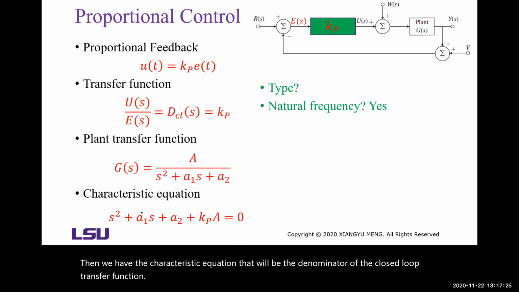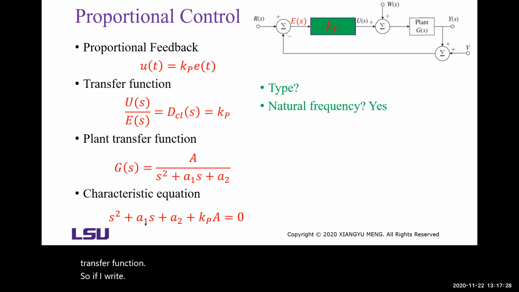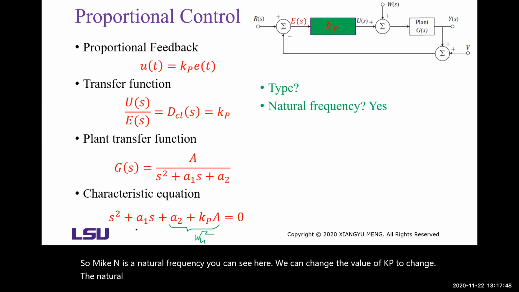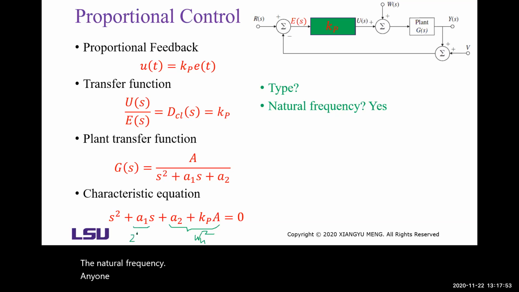If I write this equation in the form of a standard second order system, here is omega n squared. So omega n is the natural frequency. You can see here, we can change the value of Kp to change the natural frequency. And A1 will be 2 times zeta omega n.